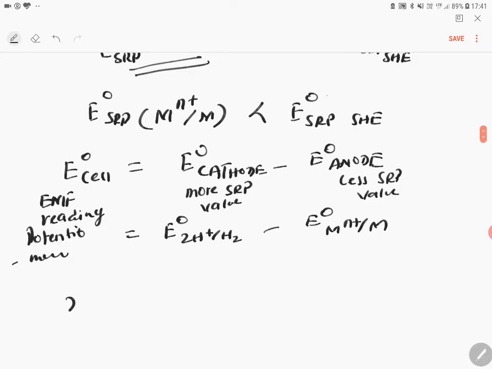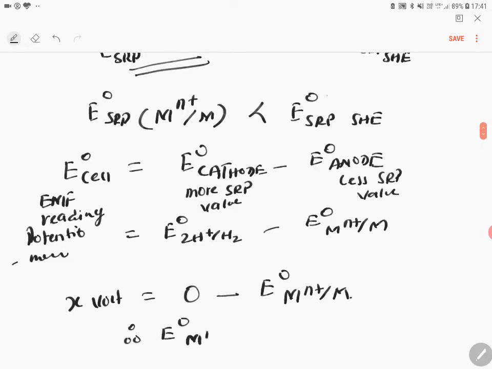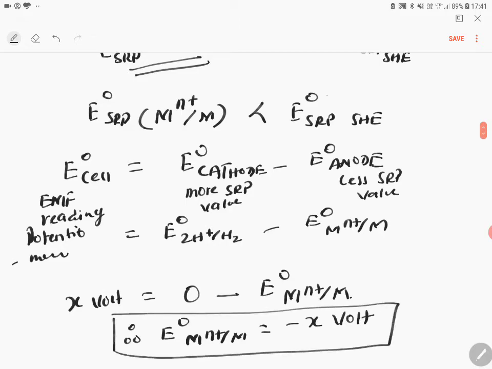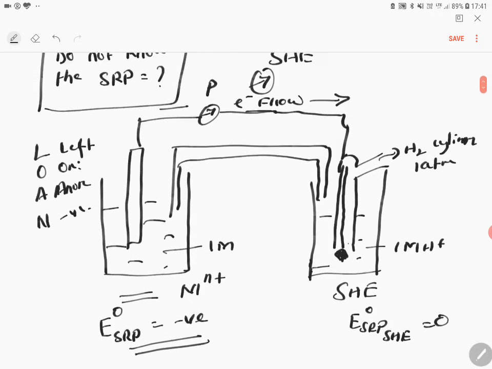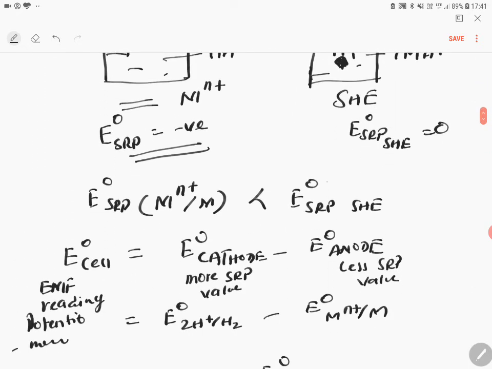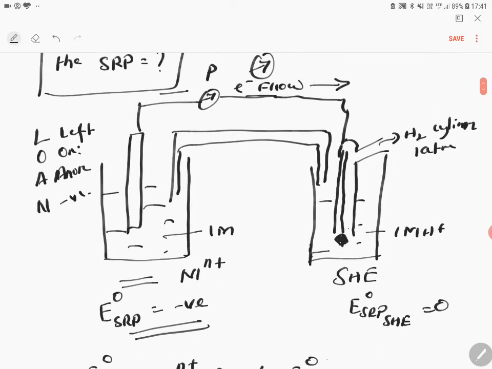You will get, say, X volt, which is equal to E naught 2H plus bar H2, which is 0, minus E naught metal M n plus bar M. Therefore, E naught metal M n plus bar M is equal to minus X volt. So this is how you will determine experimentally the standard reduction potential of an unknown electrode. This is case 1.